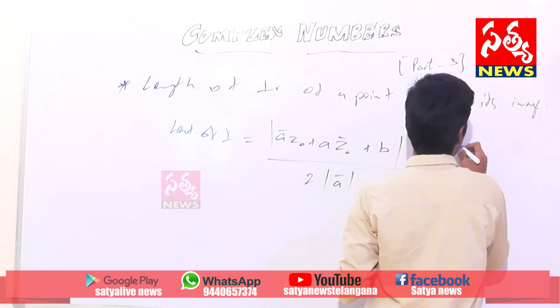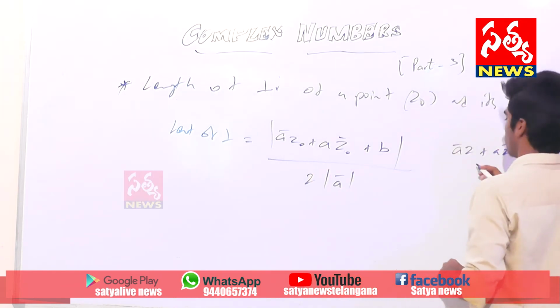The equation of the line is a bar z plus a z bar plus b.